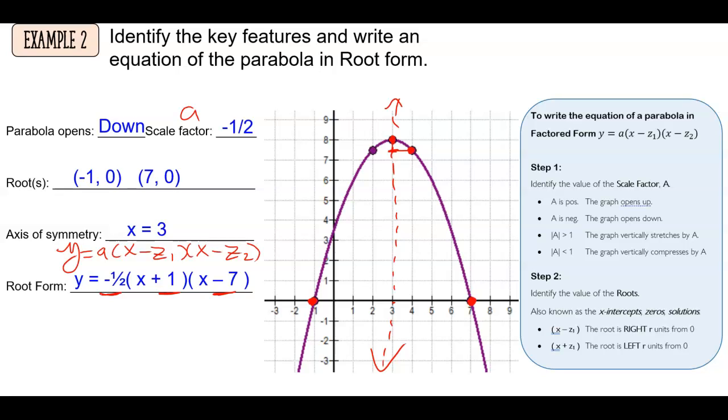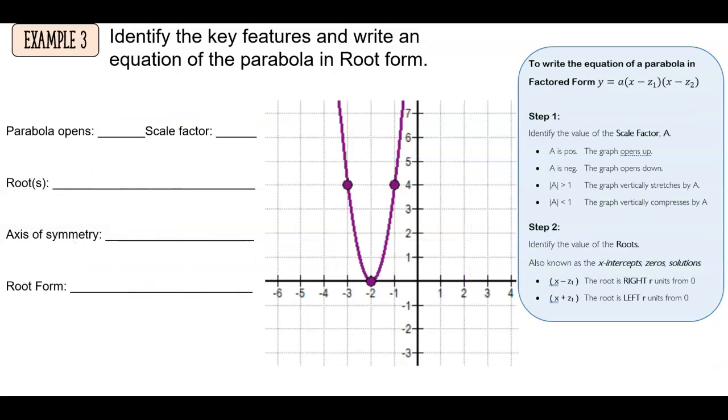One more. Now, example 3 is the weird one, okay? How many times does example 3 touch the x-axis? Once. Okay, this is what we call a double root. I'm going to show you how to do it. This opens up, right? What is my scale factor? What's the rise over 1? 4 over 1. So my scale factor is 4.